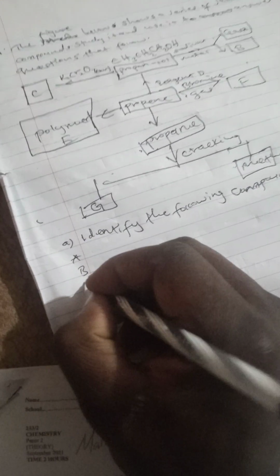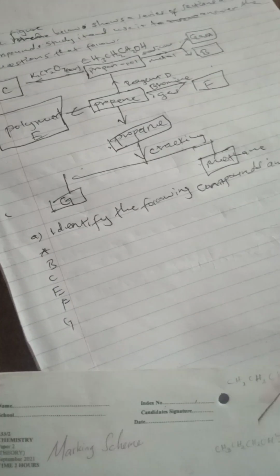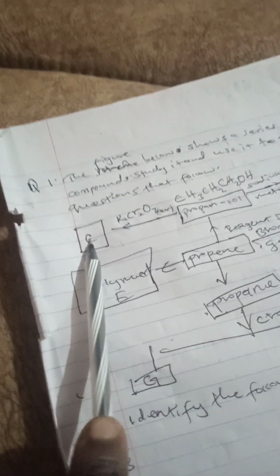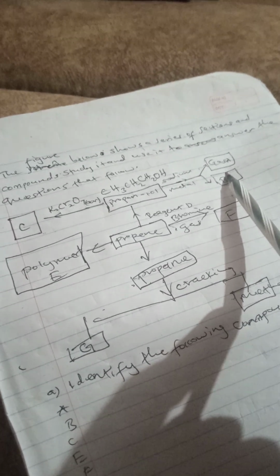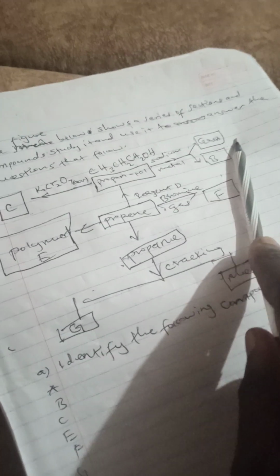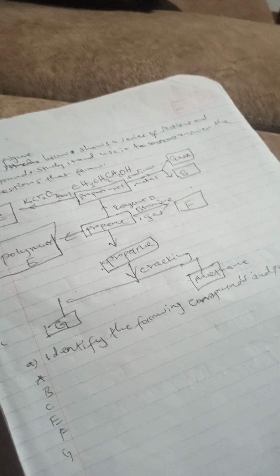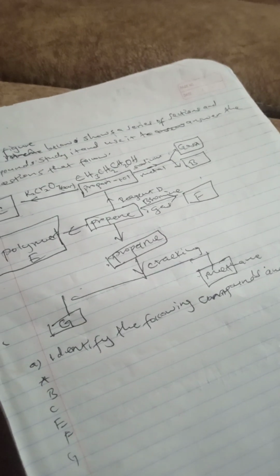Here are A, B, C, E, F, and G. In here we can see what we call C here. So this is the product. This is gas A. Both of them are product and compound. So you will understand as we continue.